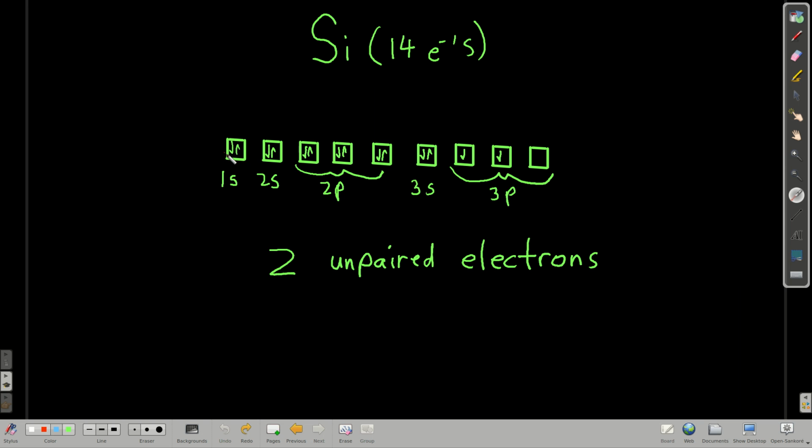Start putting them in, no more than 2 to an orbital. Each box represents an orbital. Each arrow represents an electron, no more than 2. So 1s2, 2s2, 2p6, 3s2, 3p2. And so we can see that Hund's rule tells us that there must be 2 unpaired electrons. And by the way, the electron configuration would be 1s2, 2s2, 2p6, 3s2, 3p2.